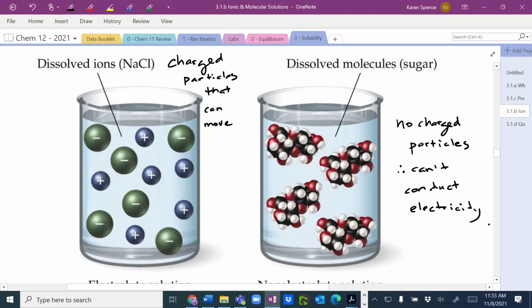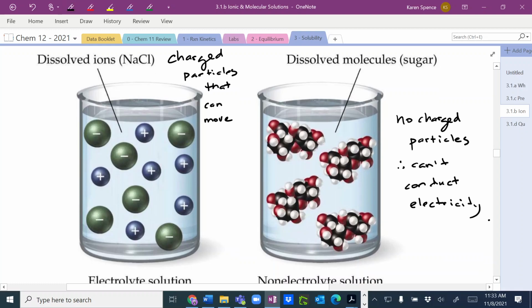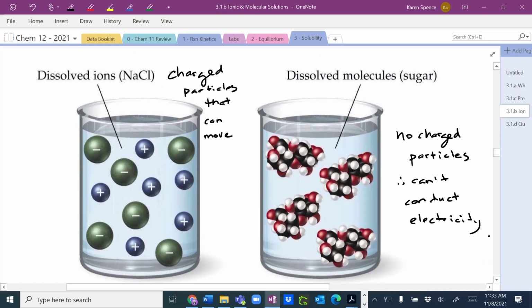So what's that word that we use for that solution that contains the dissolved ions? It's called an electrolyte.